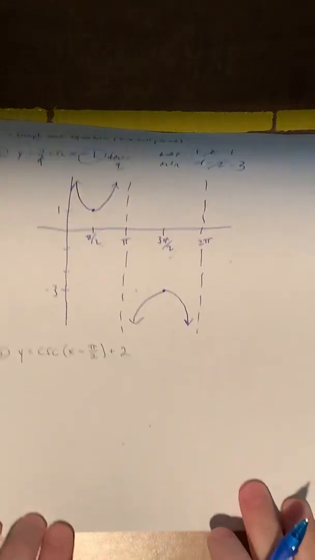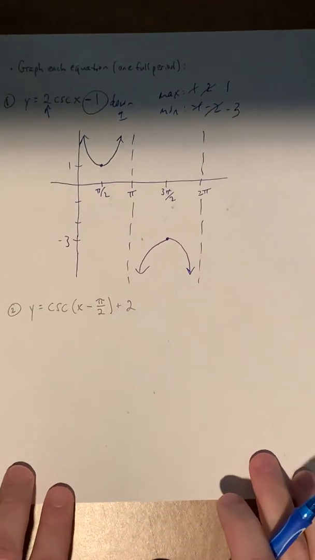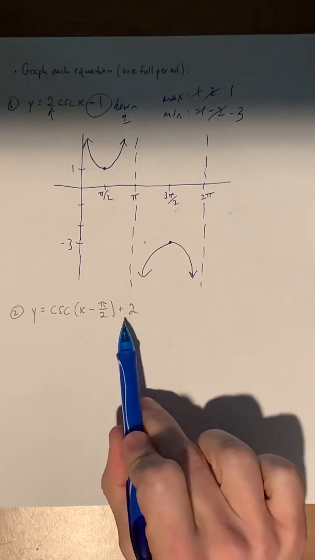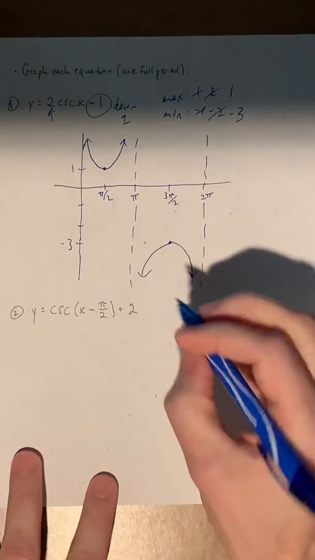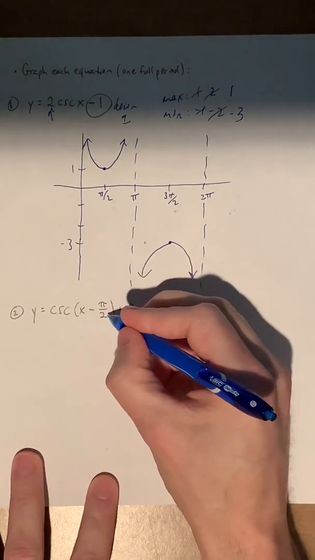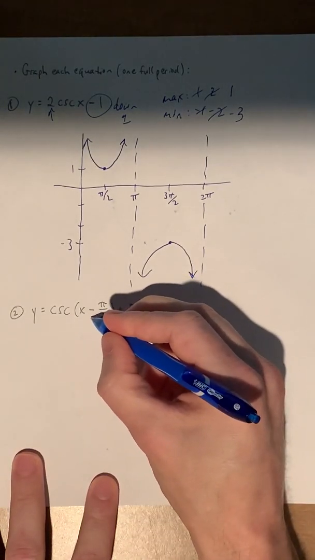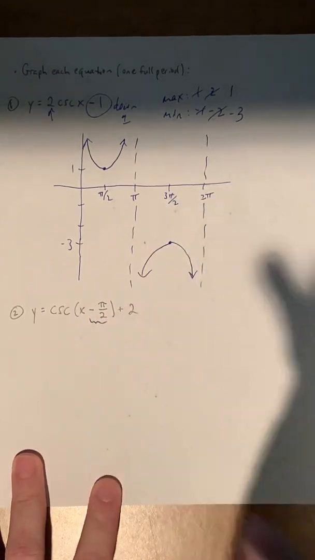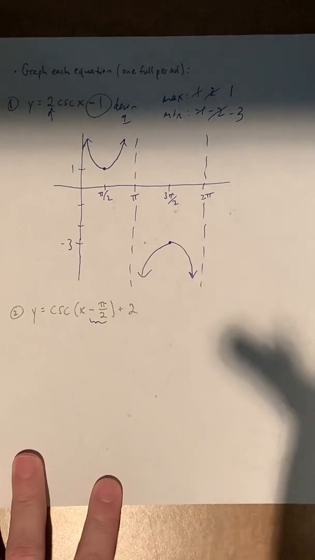All right, let's try one more with some different numbers and different stuff going on. On this one, we have y equals cosecant of quantity x minus pi over 2. And then we're adding 2 at the end. Now remember, inside with the x in parentheses is left and right movement. And remember, it's the opposite of what you'd expect.